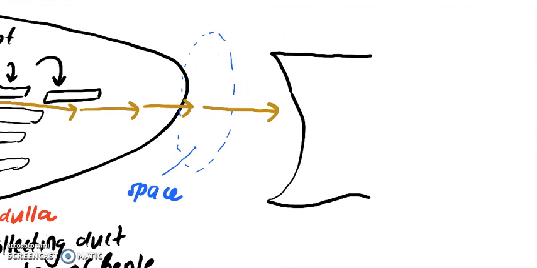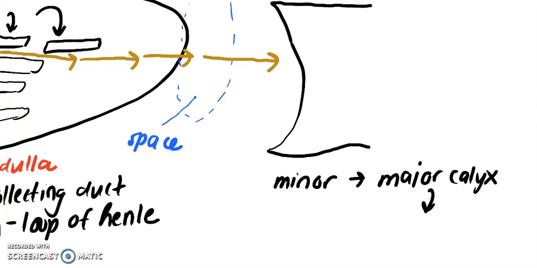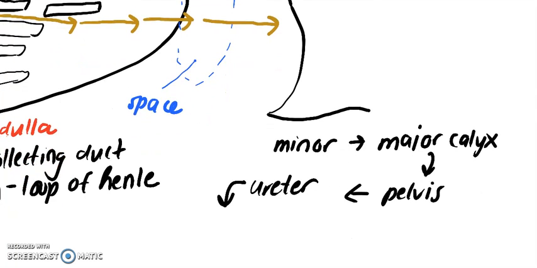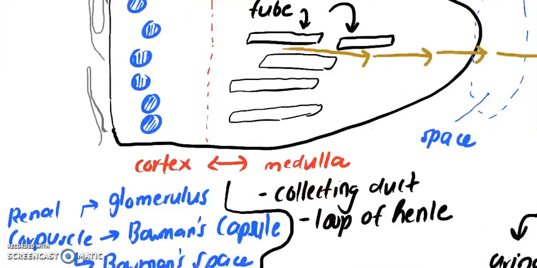Then the major calyx, then it's going to go to the renal pelvis, the ureter again, and then lastly to the urinary bladder for storage. But this is tissue you can see under low power.